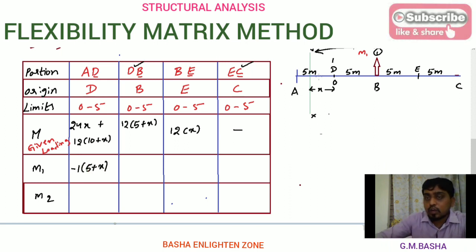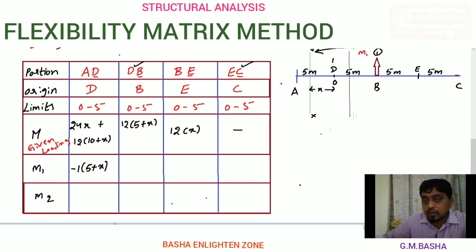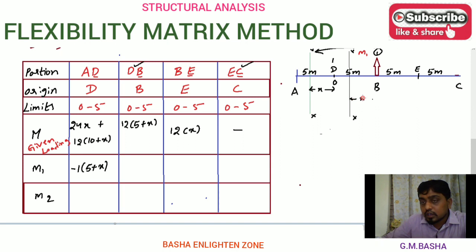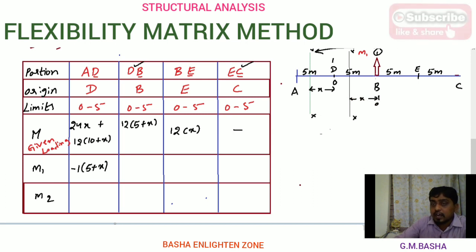Similarly, while talking about the DB portion, again here I am considering a section xx at a distance of x from the origin point B. From here to here it will be the distance of x, and again I am resolving this force up to this section x in the DB position.